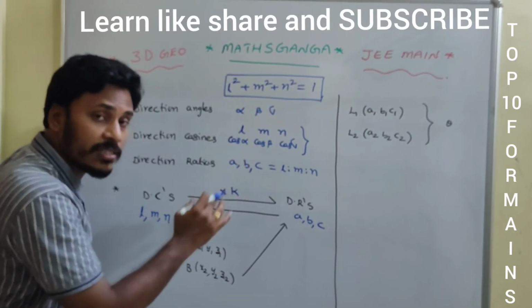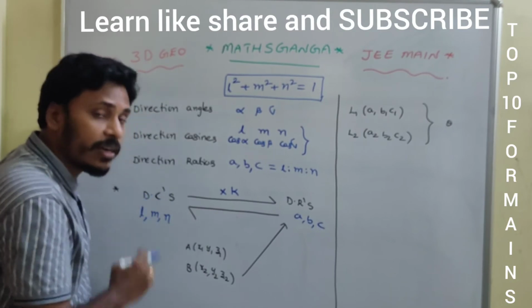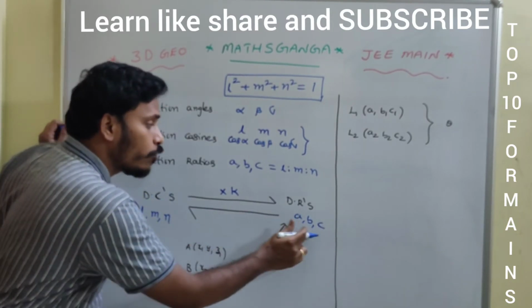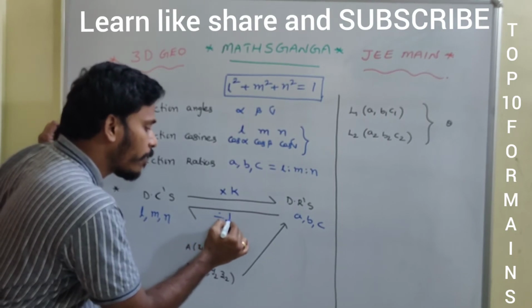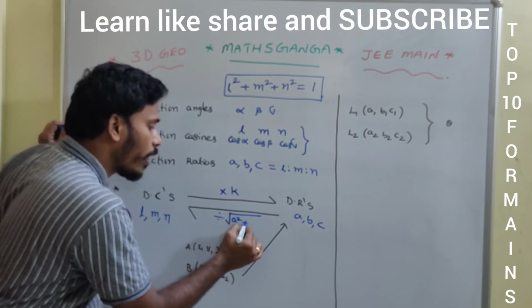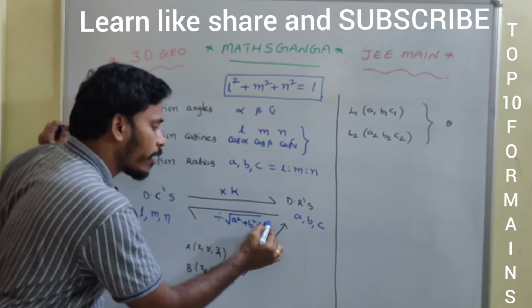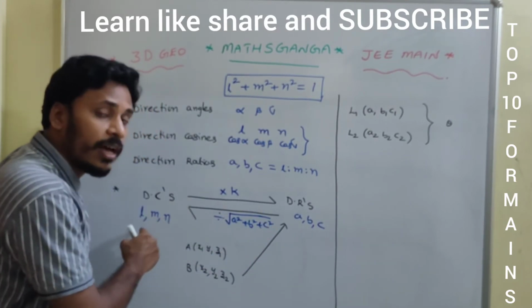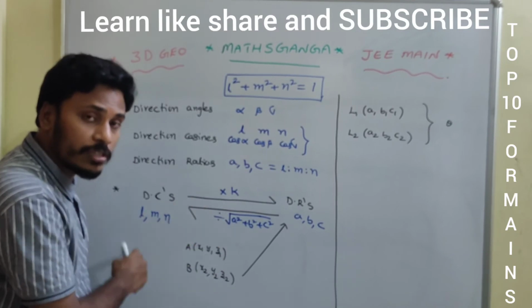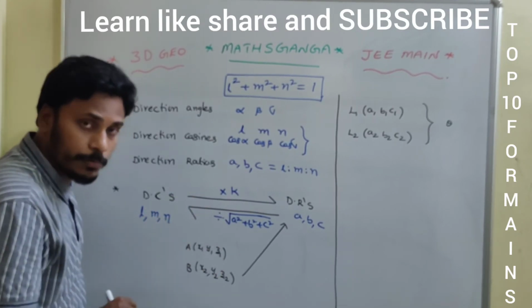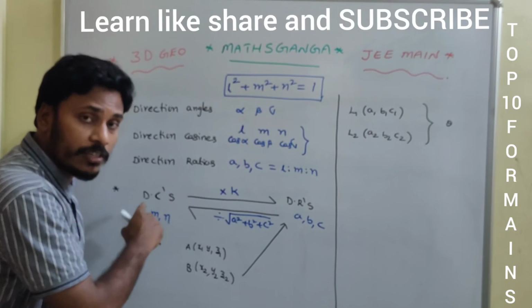So if you have DCs, you just multiply with a constant, and they will generate DRs. And if you have DRs A, B, C, then to write DCs, you just divide these DRs by the root of a square plus b square plus c square. So DCs to DRs, multiply with any constant. DRs to DCs, divide with the root of a square plus b square plus c square. So that's the conversion between DCs and DRs.